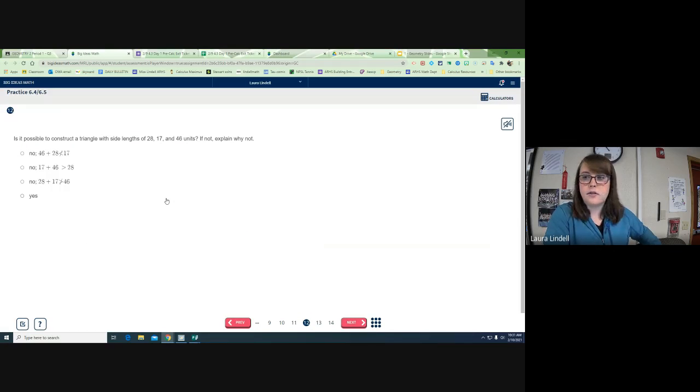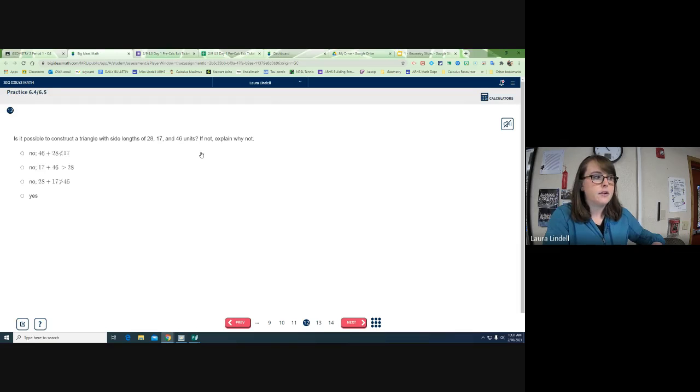Okay, here's a triangle inequality one. This is number 12. So we've done 1, 5, and now we'll do 12, just to get one of each type together. It'll say, is it possible to construct a triangle with side lengths of 28, 17, and 46 units? If not, explain why not.